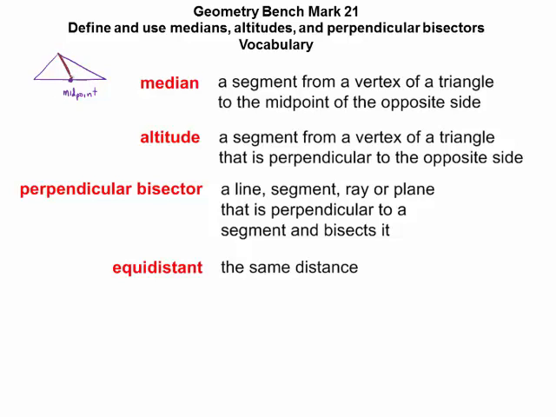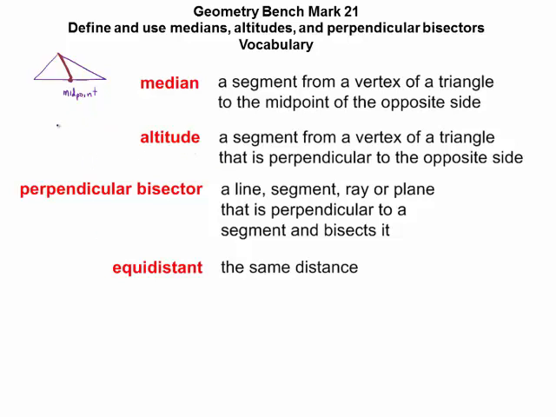This is my median. Now, there's no rule about the length or the angle, and it doesn't bisect. It just hits the midpoint. That's the rule. It has to hit the midpoint.